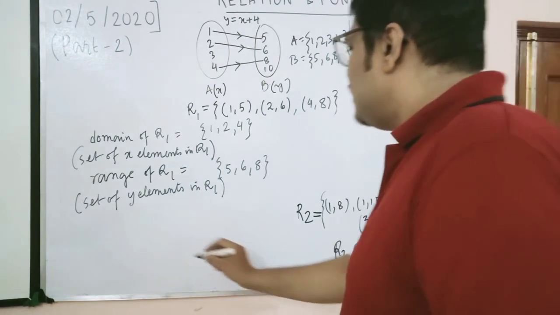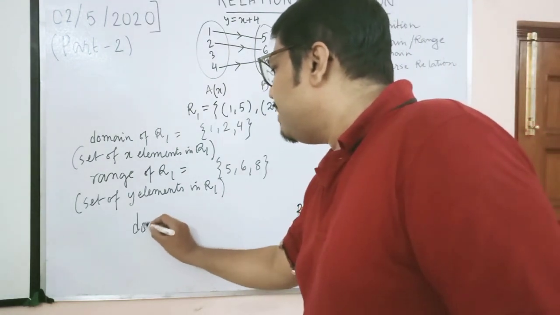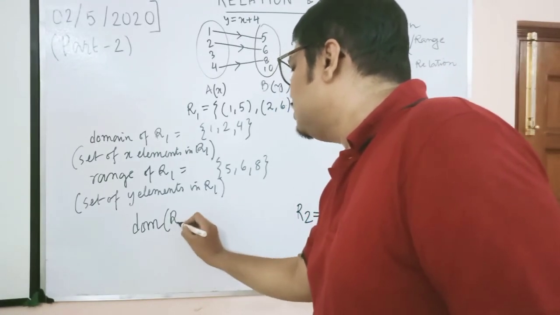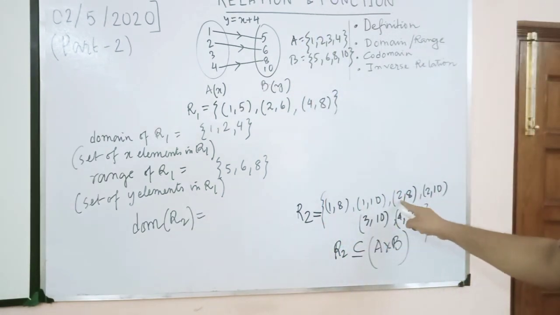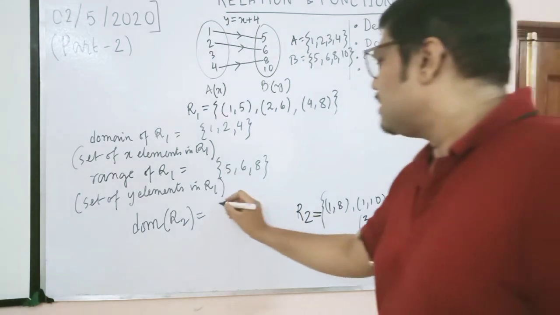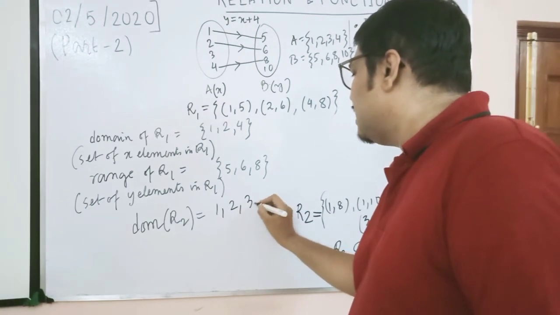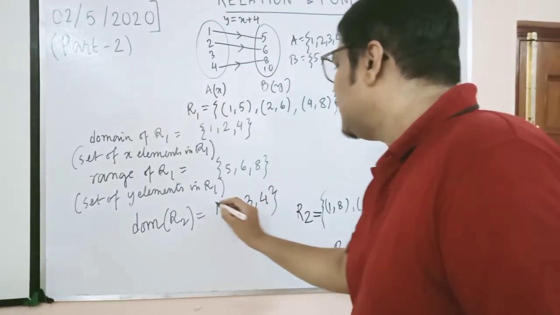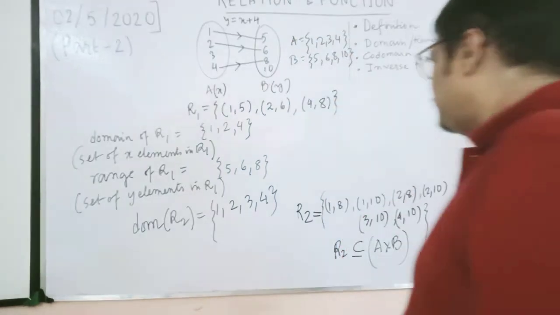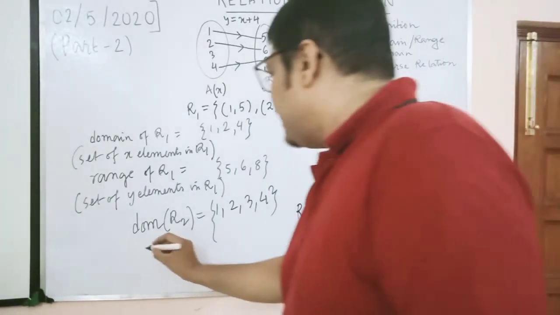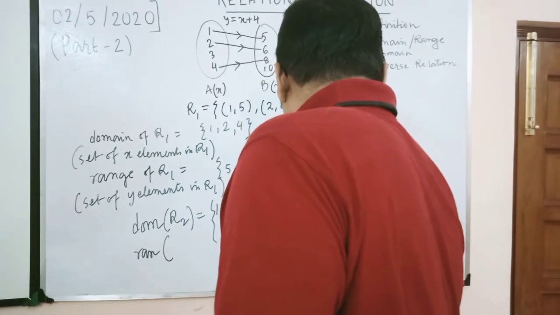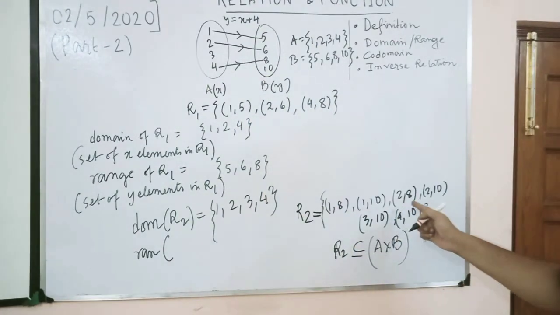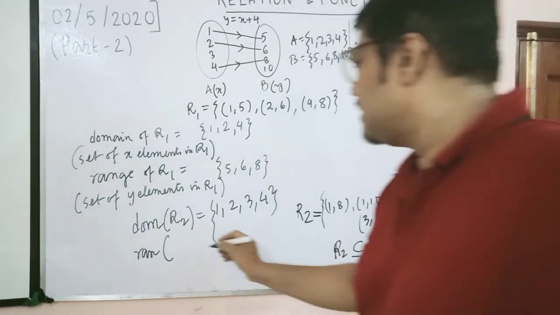Similarly for R2 also you can get domain of R2. The X elements you get are 1, then 2, then 3, 4. Okay, so 1, 2, 3, 4. That's the full set we are getting. And the range, we will get the next elements, that is 8 and 10.